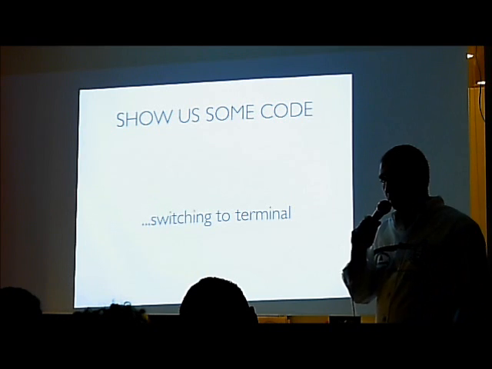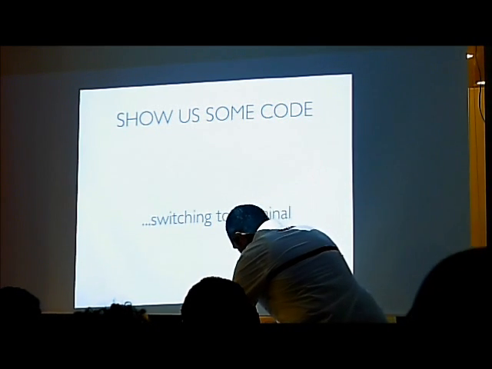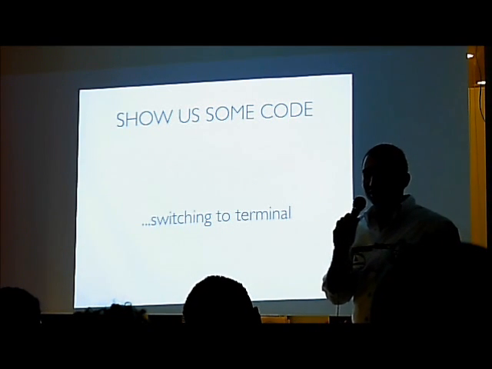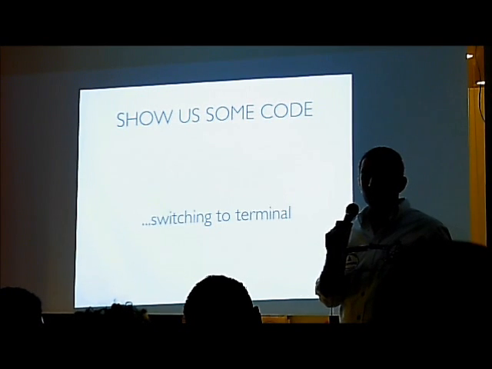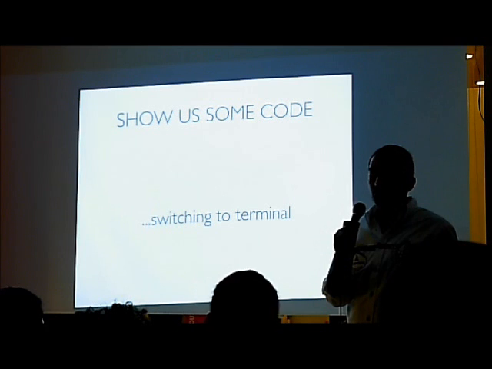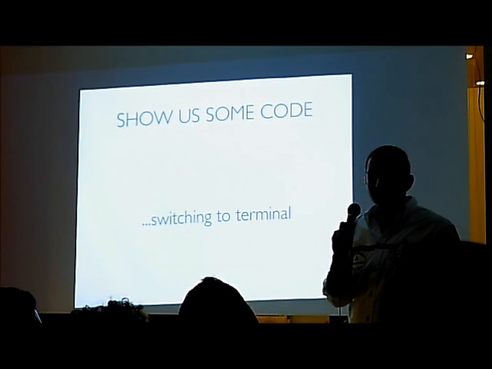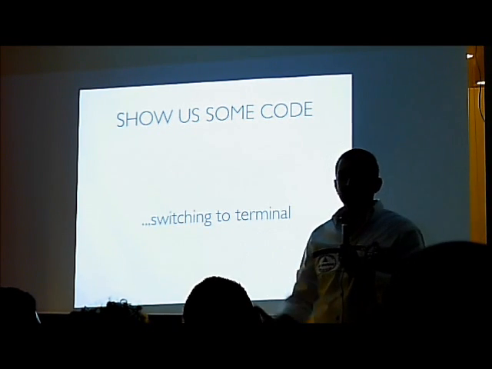Okay, let's see some code. Let me explain a bit what I'm going to do. Have you ever seen a Rails app being generated before? Okay, for those who haven't, I'm going to generate a new application.